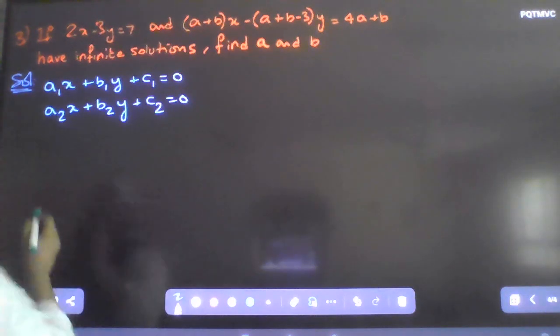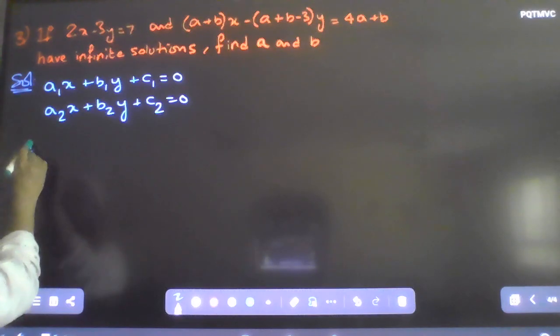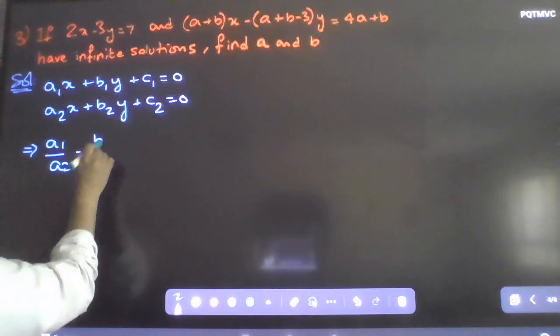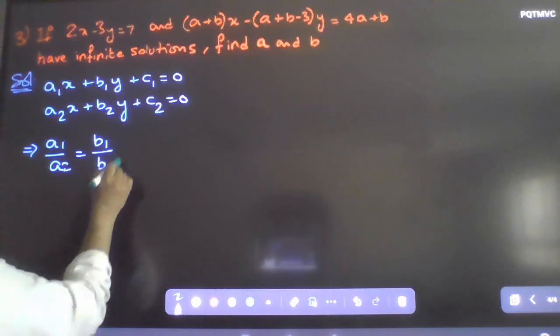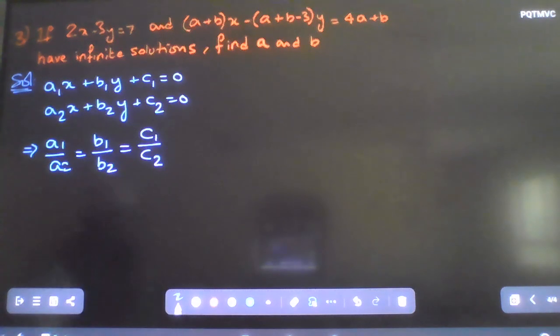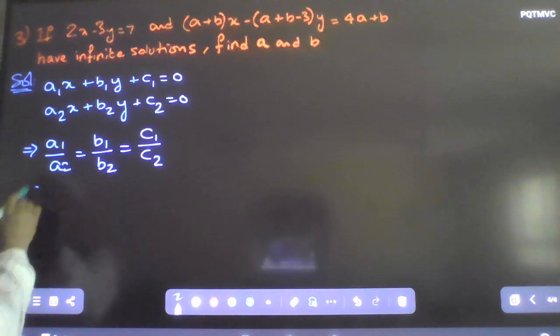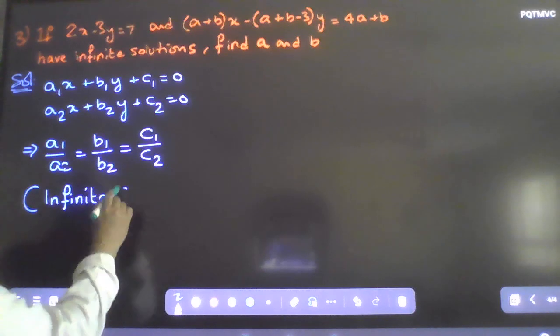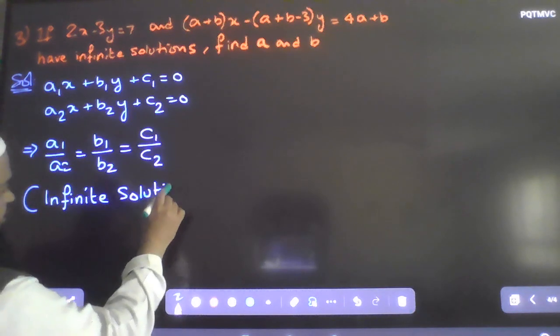When they are coincident, right? So that implies a1 by a2 equals b1 by b2 equals c1 by c2. Understood or not? This is for infinite solutions.